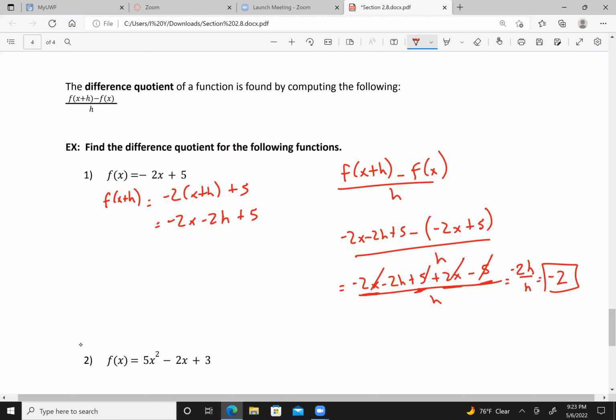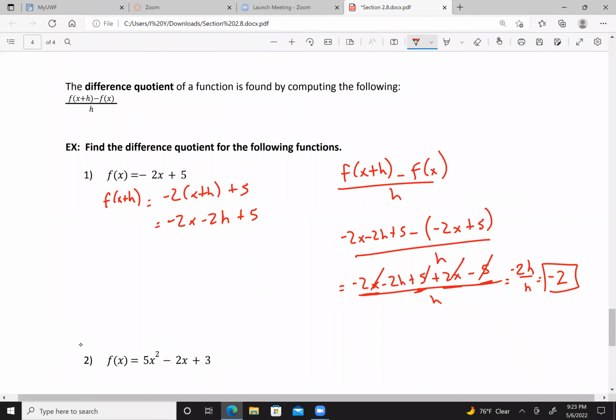So, before we go on, let's talk about a difference quotient. What is a difference quotient? Well, you may recognize the formula and wonder. This is typically used for a curved line, a curve, not a line.